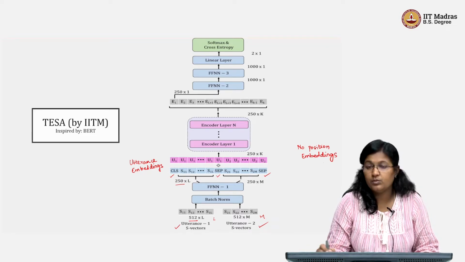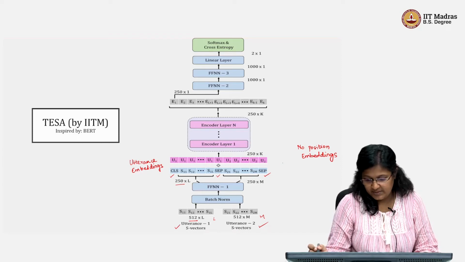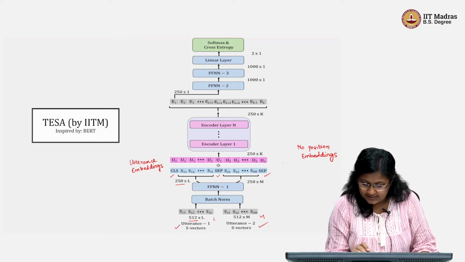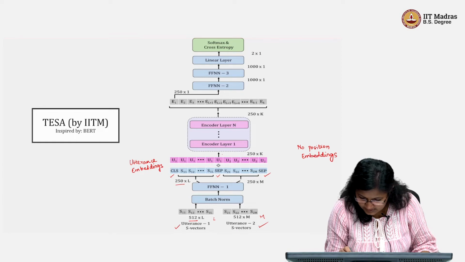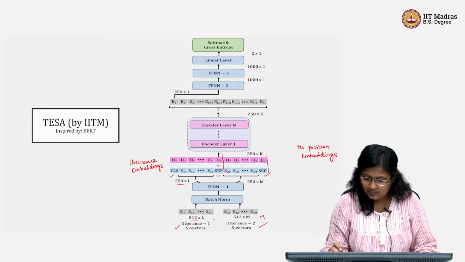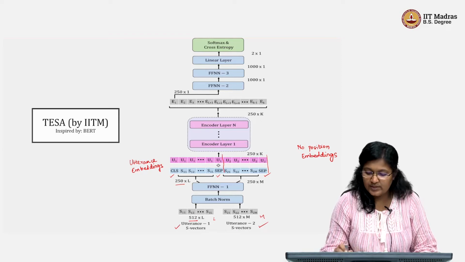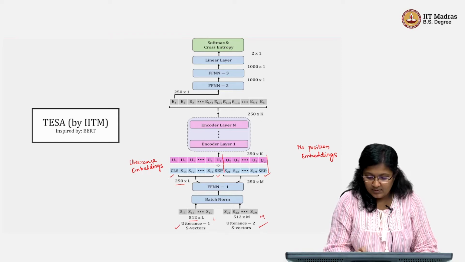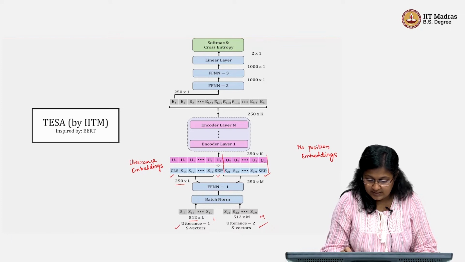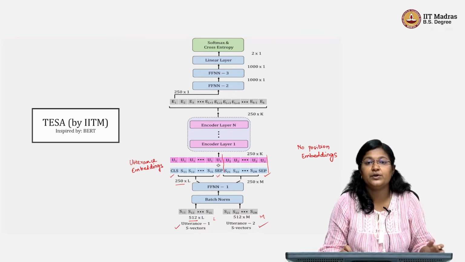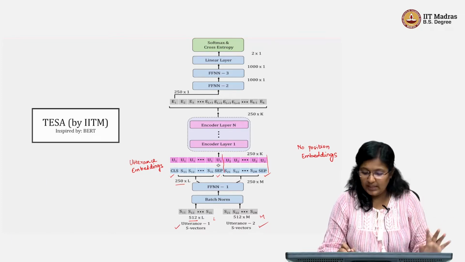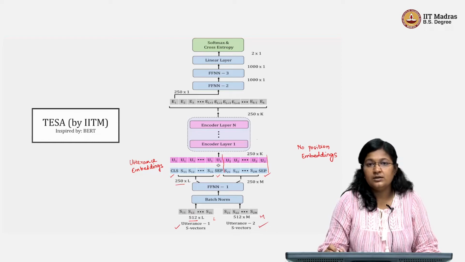So for the utterance embeddings, you see that it's U1 till the first separator and U2 till the second separator. U1 and U2 are learnable. Similarly, CLS is a learnable embedding, and the separator is also a learnable embedding, and then you pass it to the transformer encoder layers, okay.